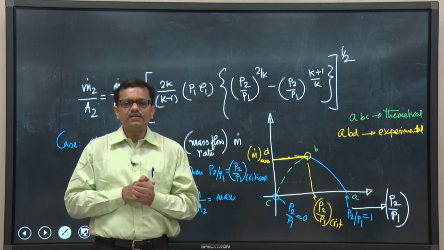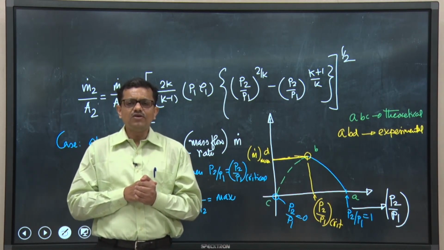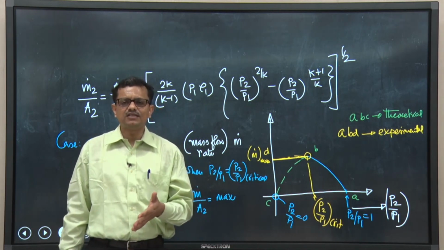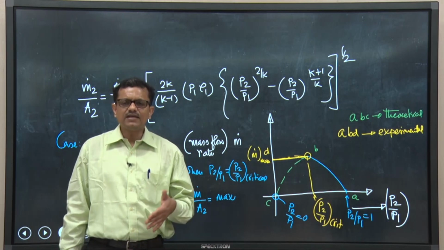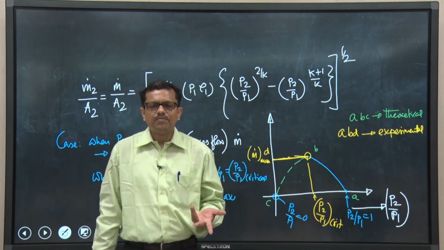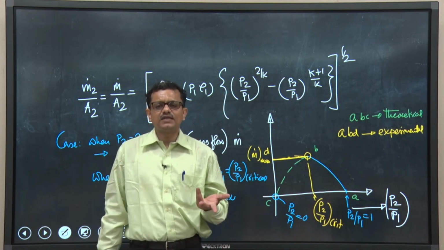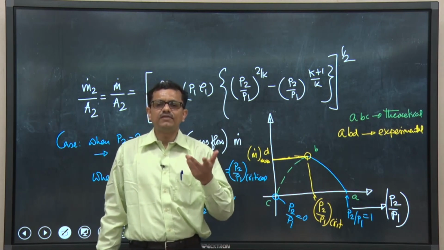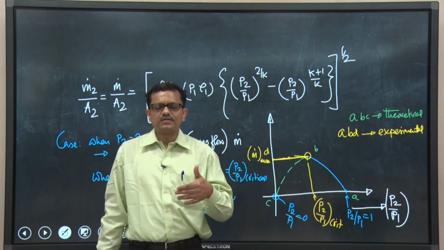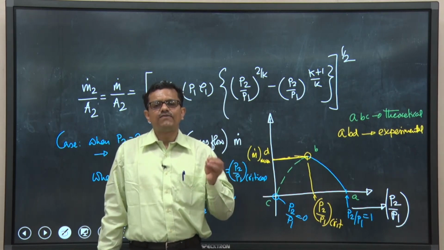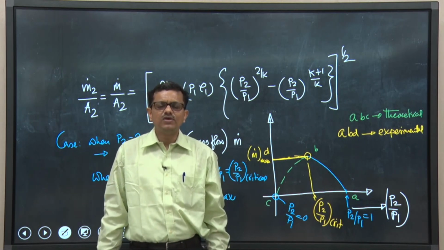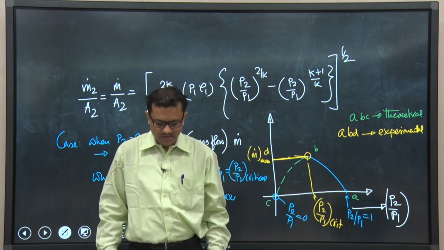From there, mathematically we have seen that if we further reduce the pressure below the critical pressure at the exit of the nozzle, the mass flow rate becomes 0, but in experimental observation the mass flow rate remains constant, and the underlying physics we have tried to explain from the sonic velocity that is reached when the nozzle is operating at the critical pressure ratio.